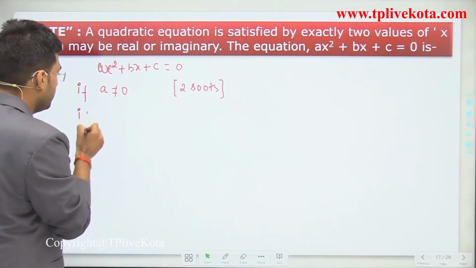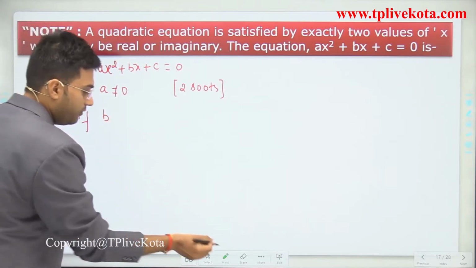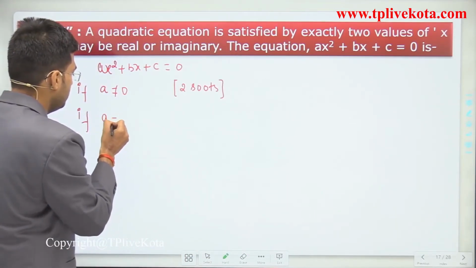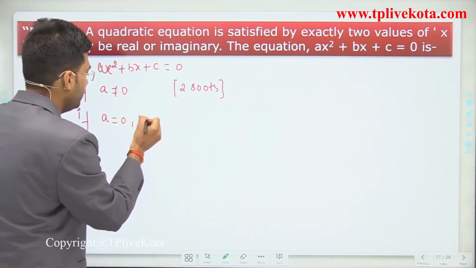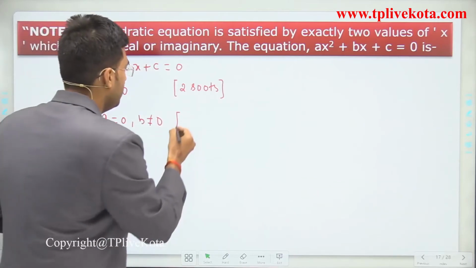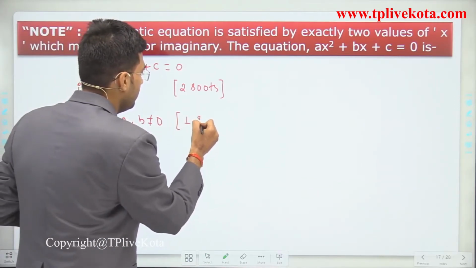If a equals 0 and b is not equal to 0, then it becomes a linear equation. So this has only one root.